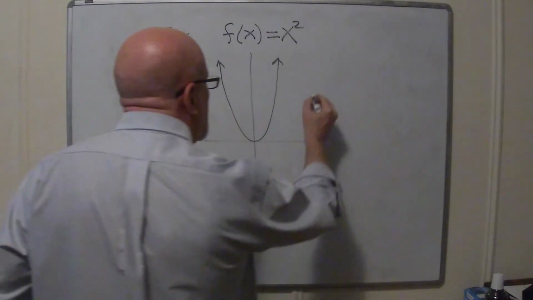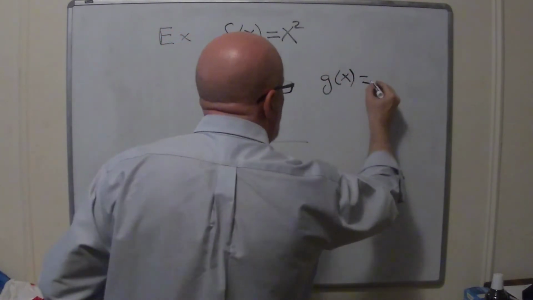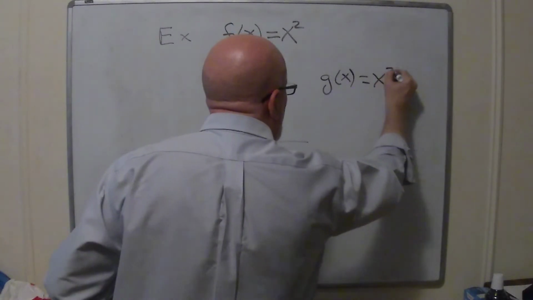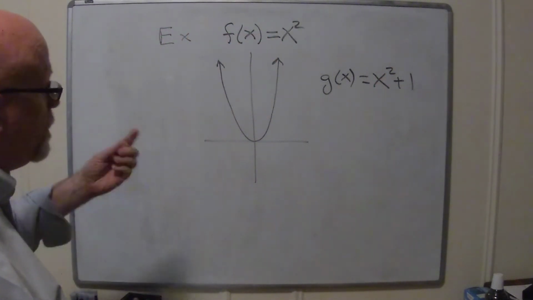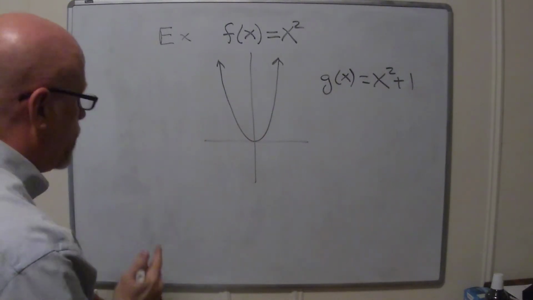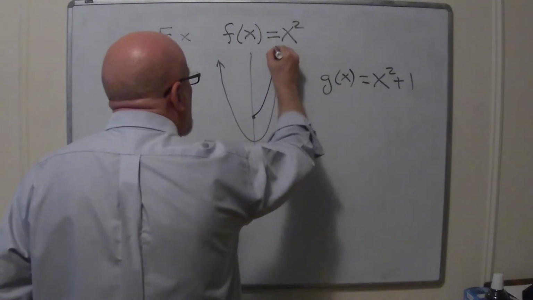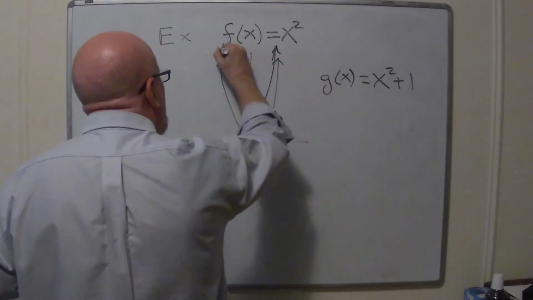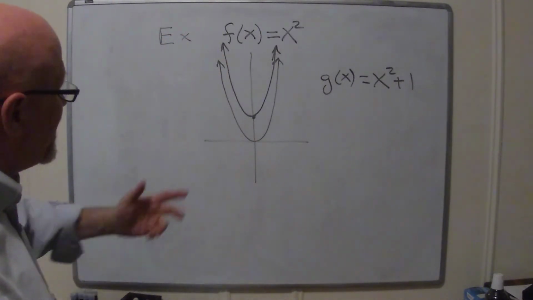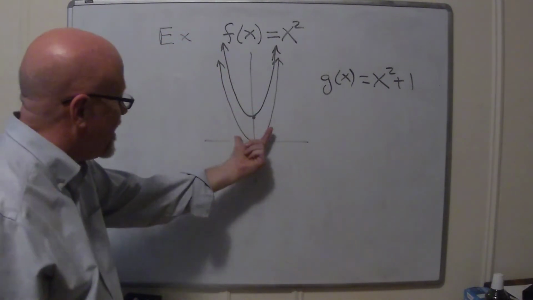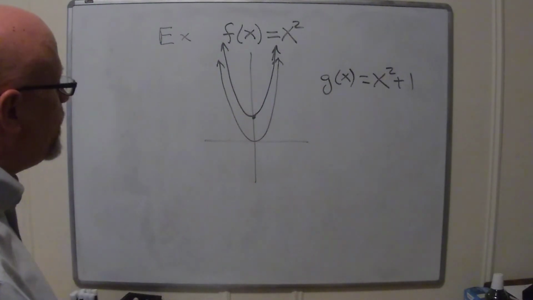So how about we make it g of x now is f of x plus 1, so it would be x squared plus 1, an outside change. What does it look like? Just the same thing, but pushed up in the air a little bit more. My drawing could be a little cleaner, but still, it's as if you just grabbed this thing and pushed it up until it moved 1 unit.